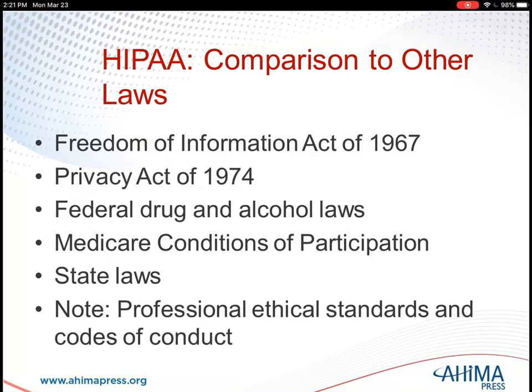The Freedom of Information Act of 1967, that's our first one. The whole purpose of this one is not the privacy of information, but the right of disclosure to and access by the public regarding federal agency records. The rationale for such openness is government's accountability to its citizens and ultimately the taxpayers.